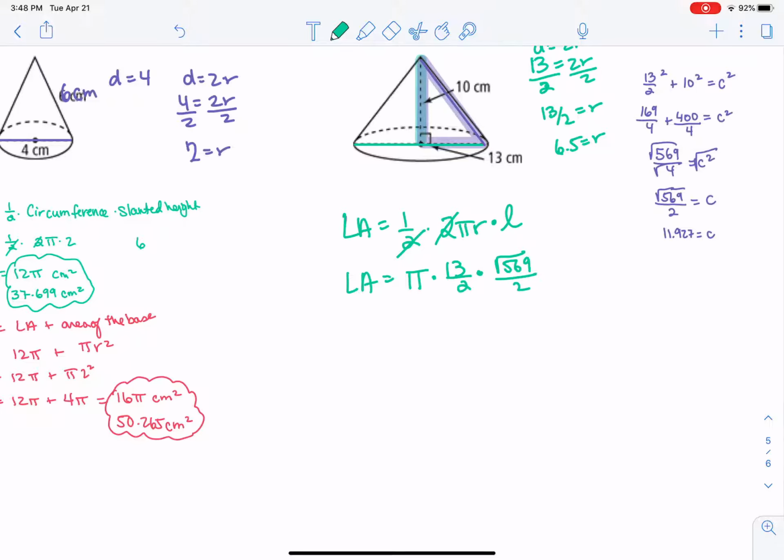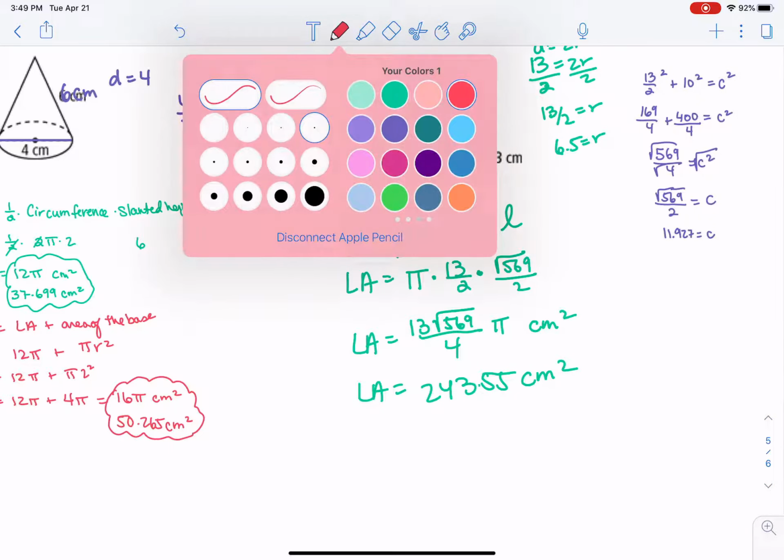I'm just trying to show this for the ACT. The lateral area is the square root of 569 over 2 times 13 over 2 times pi centimeters squared. That looks a little crazy, so I'm going to go ahead and type it into my calculator. You should get 243.55 centimeters squared. So that is your lateral area.